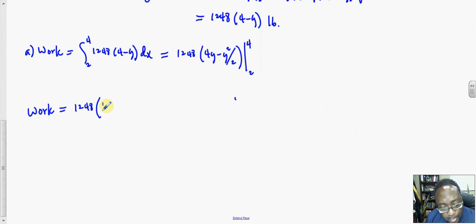Here we get 16 minus 8, then minus 1,248. We evaluate at 2, so we get 8 minus 2.